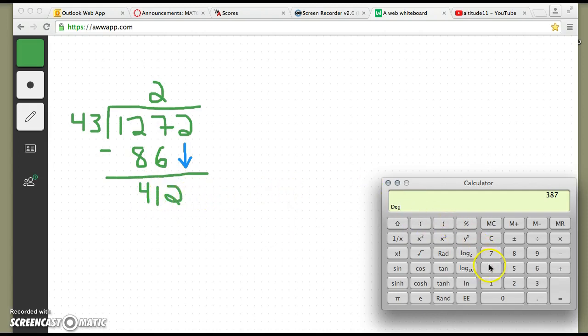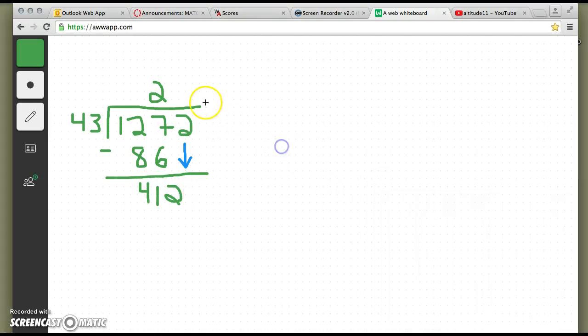Let's now do 43 times 10. Maybe some of us are thinking that's going to be 430, right? 43 times 10, just add a 0 to get 430, and 430 takes us over 412. We don't want to go over, so we are looking at 43 times 9.